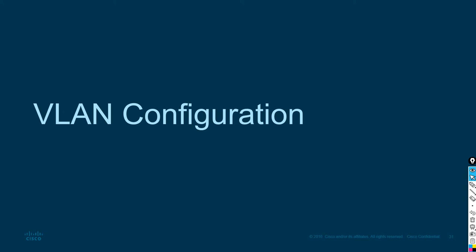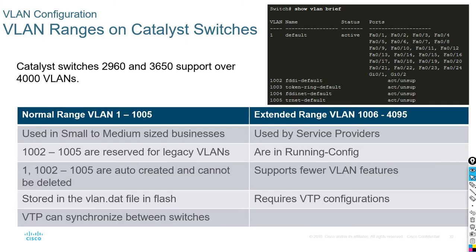So now we'll go for the configuration of VLANs. VLAN ranges on Catalyst switches: Catalyst 2960 and 3650 switches support over 4000 VLANs here. The normal range of VLANs is 1 to 1005 and the extended range is from VLAN 1006 to 4095.